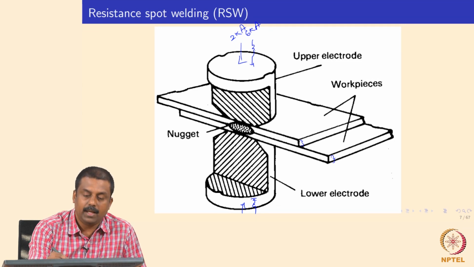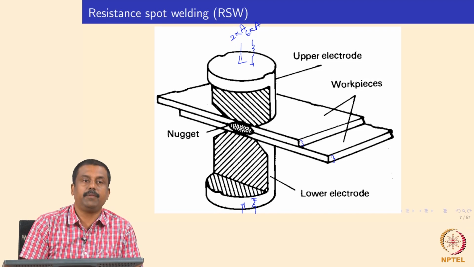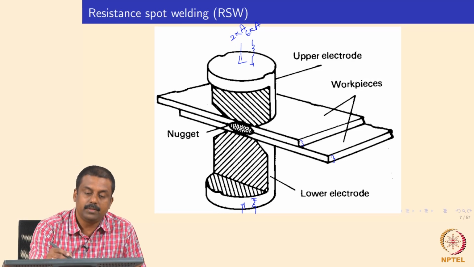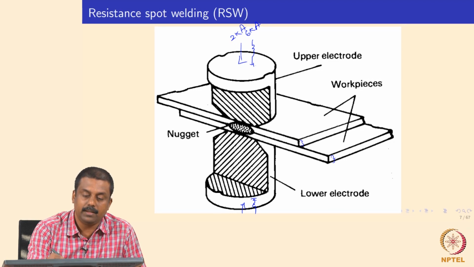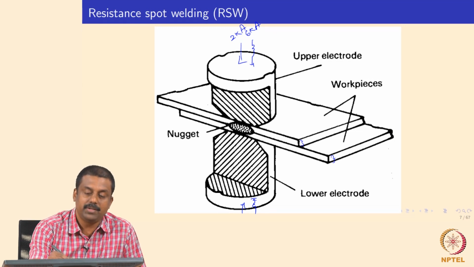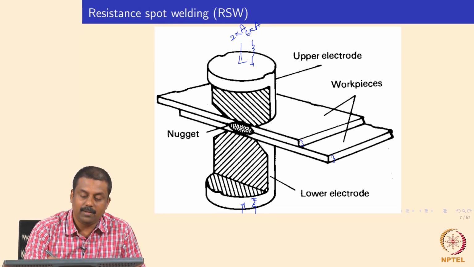Okay, and similarly the load we apply can also be varied, and both the current and the load determine the nugget geometry. How can the load change it? When you apply a load you also change the contact area between the sheets.